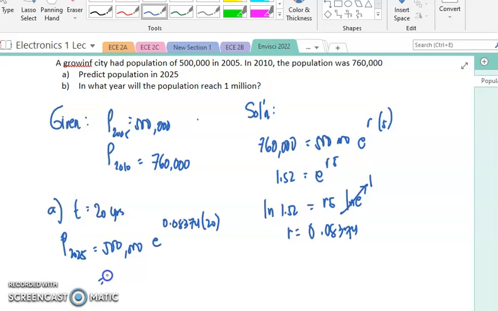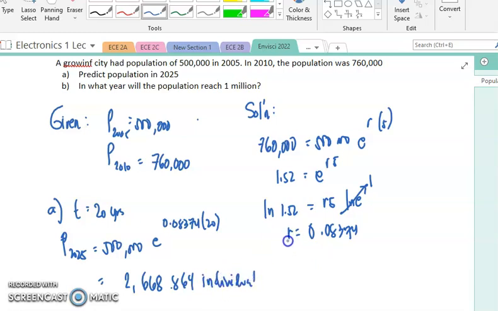So e raised to that value will give you a value of 5.3377 multiplied with 500,000. So the population after 20 years will be 2,668,864 individuals.